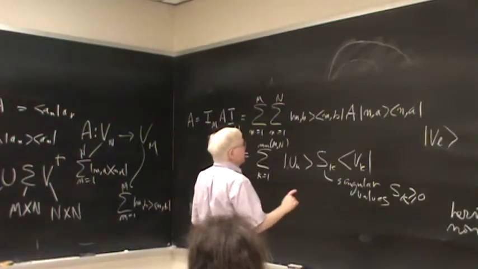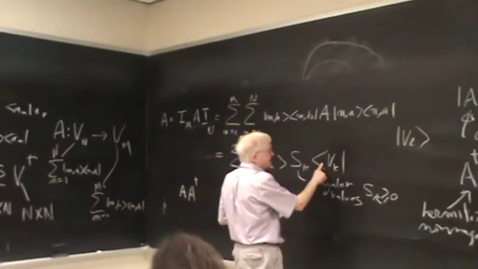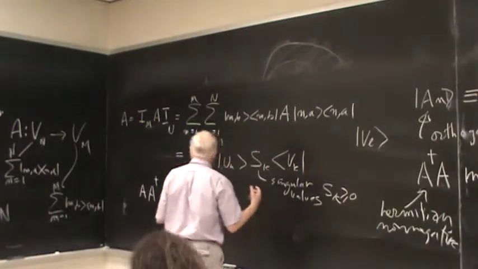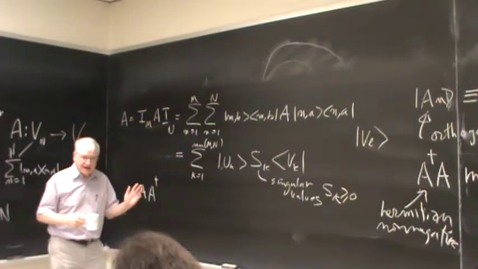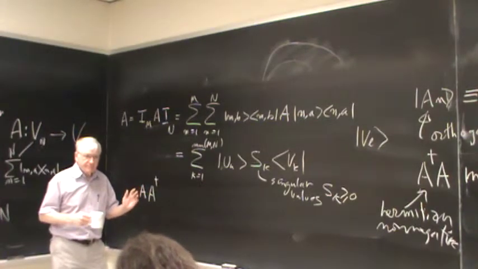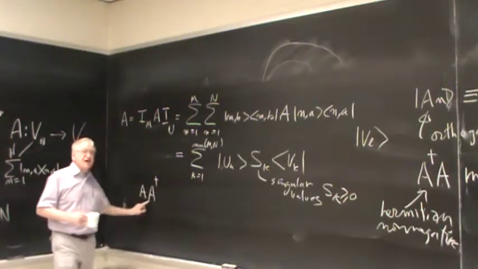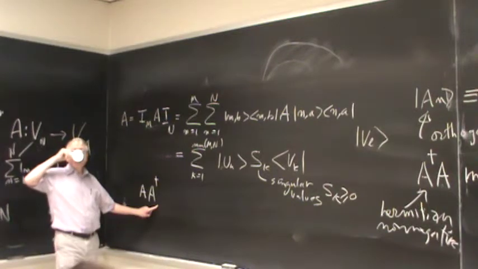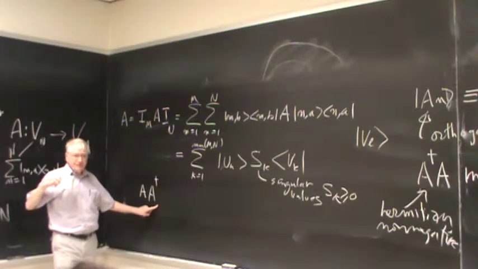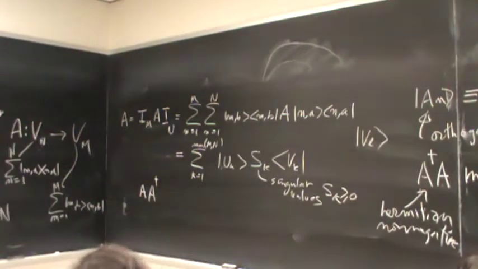Now, the kets, D_k, are the eigenvectors of A dagger A. And the U_k's are the eigenvectors of AA dagger. That'll become clear in a minute when I proceed a little bit.